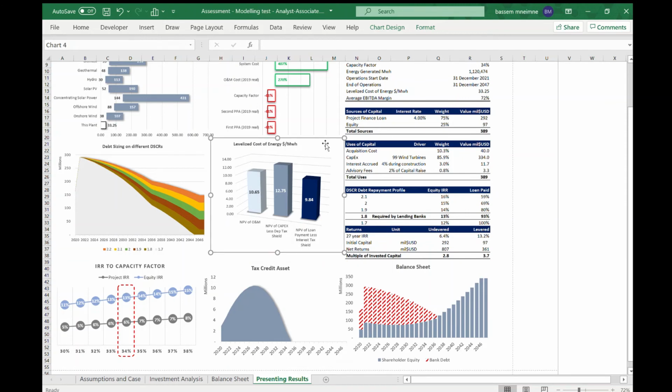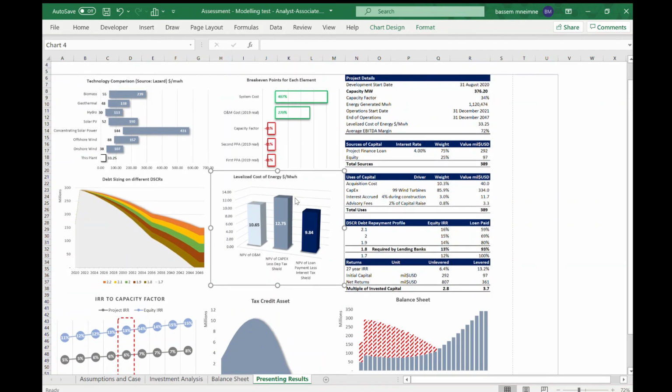It's good to represent the structure of the levelized cost of energy. You have the O&M, the CAPEX, and you have the loan. The majority of the cost comes from the construction of the project, followed by the operations of the project, and followed by the loan payment.